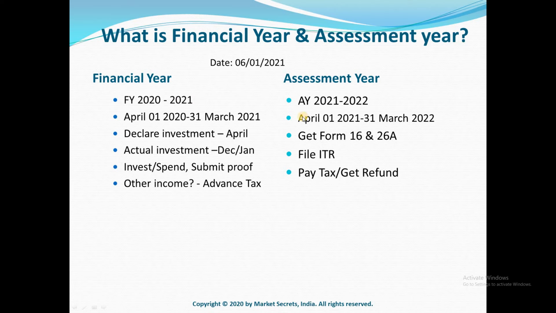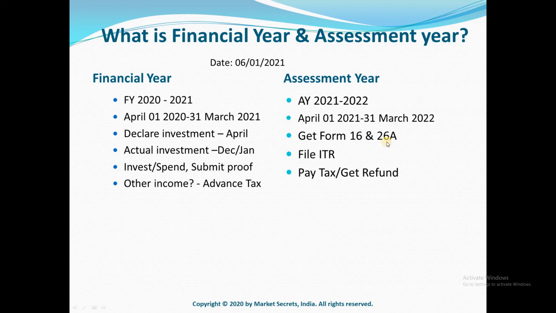So your assessment year period for this financial year will be April 1, 2021 to March 31, 2022. So all the financial transactions for the current financial year will be assessed from April 1, 2021 to March 31, 2022. That is why we call it an assessment year.